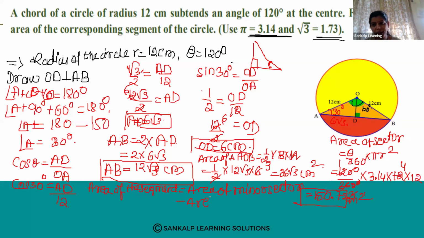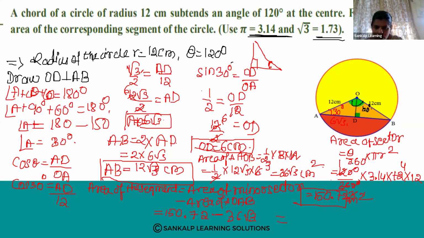This question can be asked for 5 marks. Okay, area of triangle OAB. So area of minor sector is 150.72 minus area of triangle, which is 36 root 3.